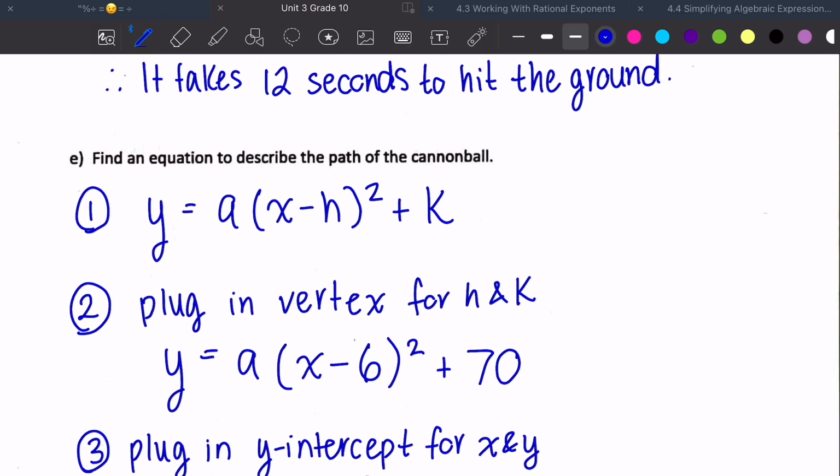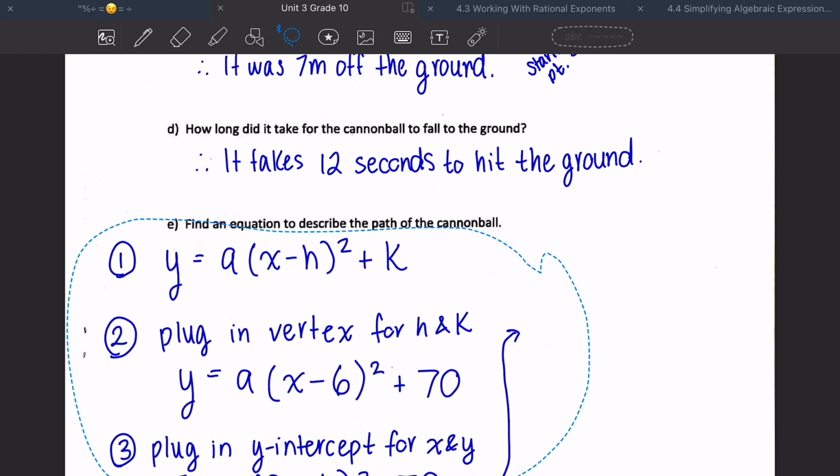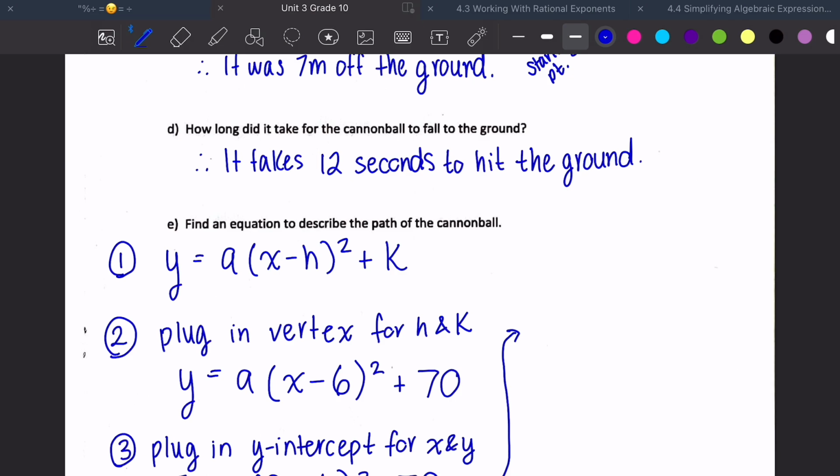I'm going to continue this up here because I used a little bit of space. So that coordinate point, my y-intercept, is 0, 7, hence why 0 was for x and 7 was for y.